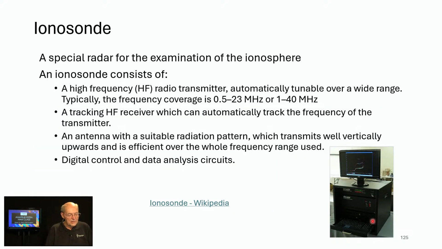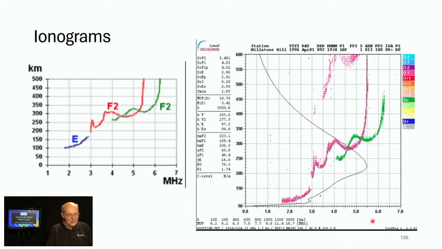The ionosonde is a device. It's an upward firing radar that shoots up into the ionosphere, and the returns that come back from the device will, depending upon the height of these layers, actually show a picture.